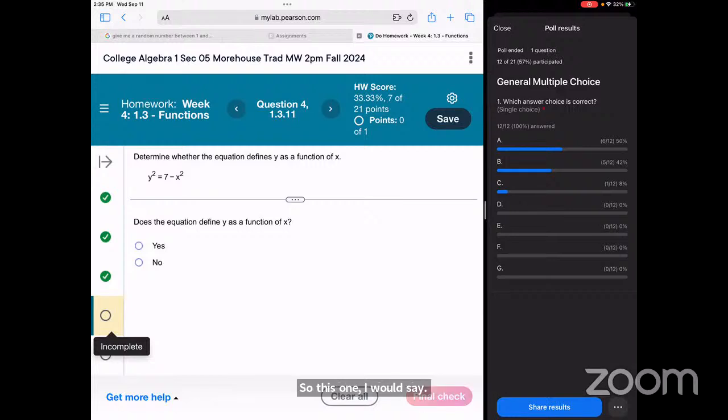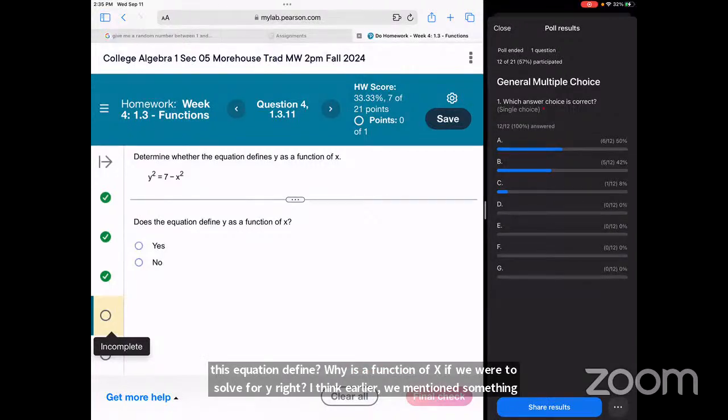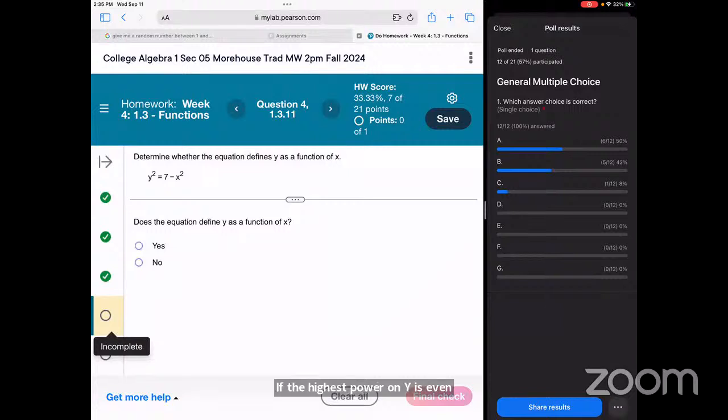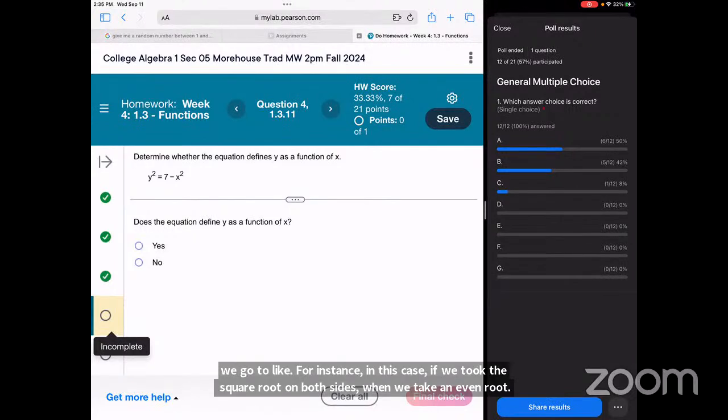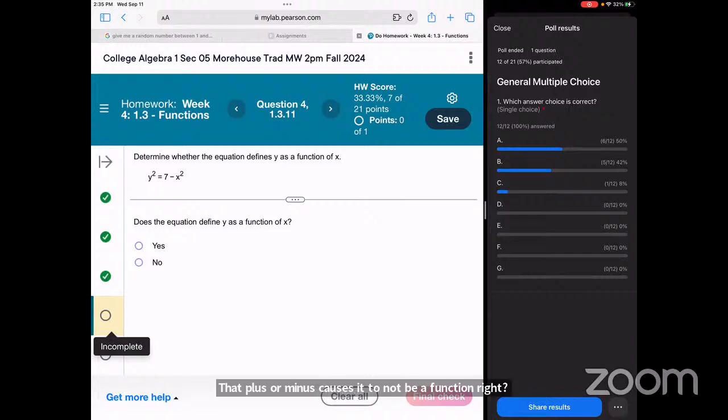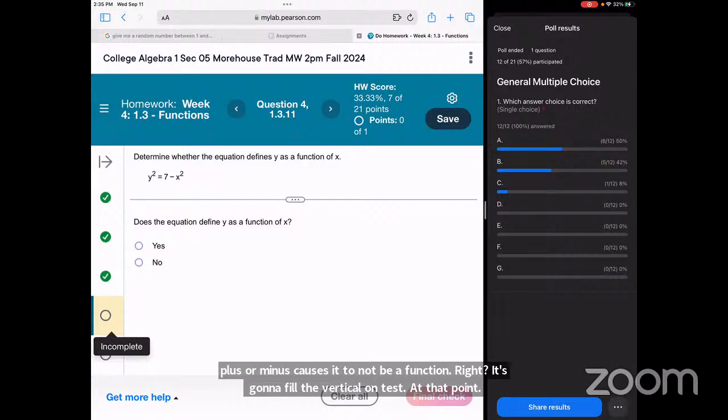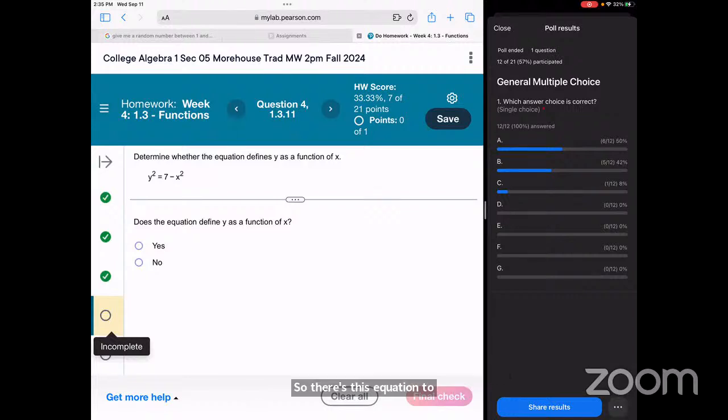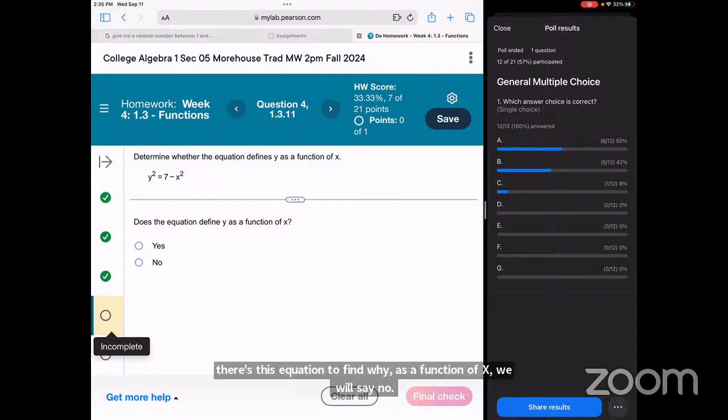If we were to solve for y, I think earlier we mentioned that if the highest power on y is even, then in this case, if we took the square root on both sides, when we take an even root, we have to include plus or minus. That plus or minus causes it to not be a function. It's going to fail the vertical line test at that point. So does this equation define y as a function of x? We would say no. Okay, that was interesting.